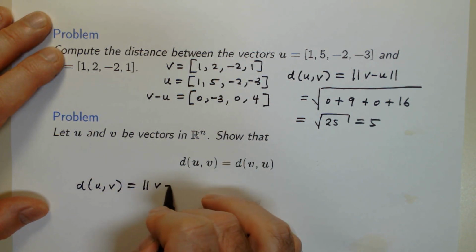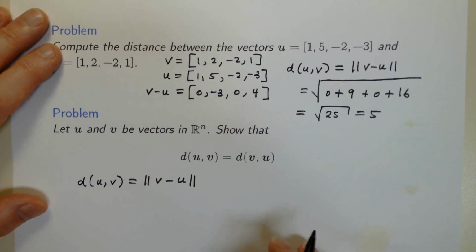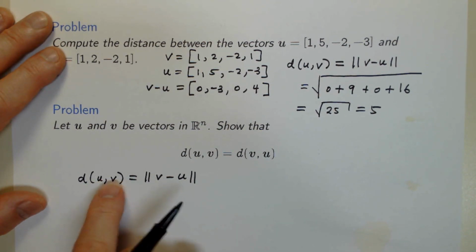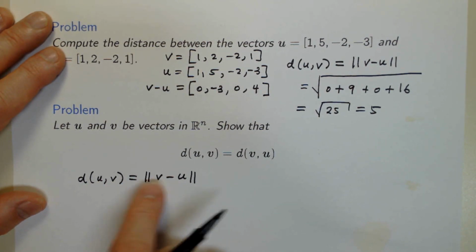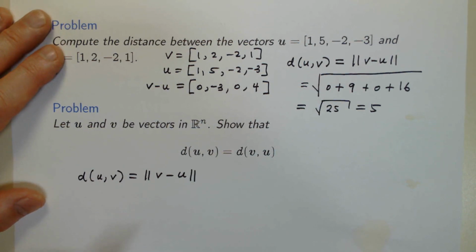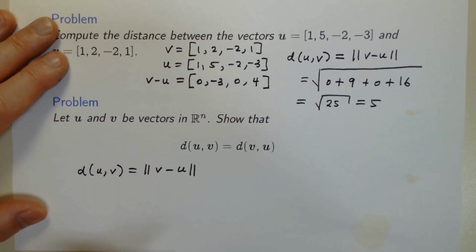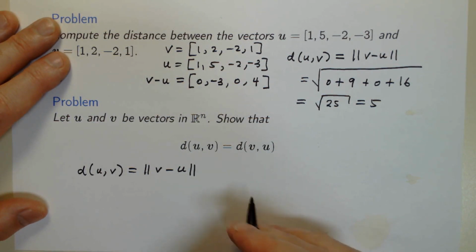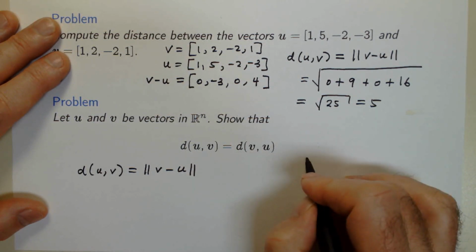Now, let's just remember that we've expressed this as the length of v minus u. So when we talk about the distance from u to v, we're really thinking about it as the length of v minus u. Now, all we have to do is just a little trick here. Let me show you a little side calculation.